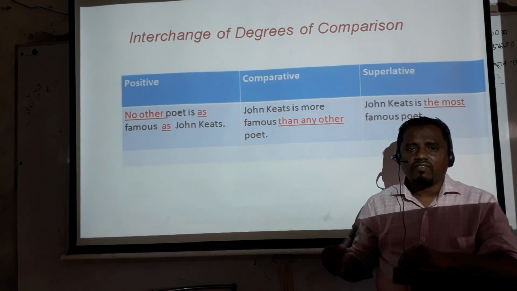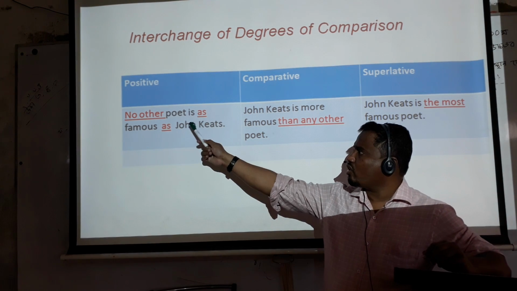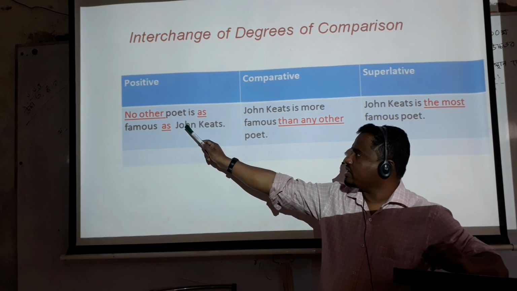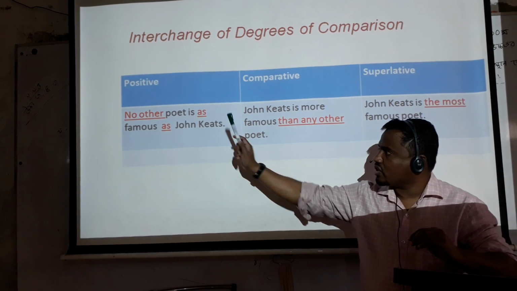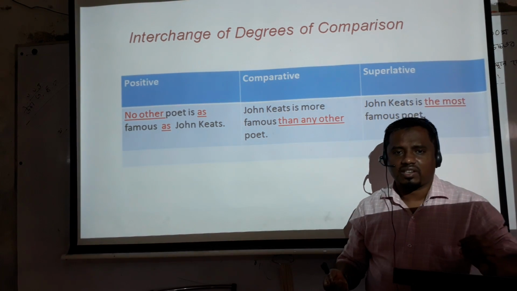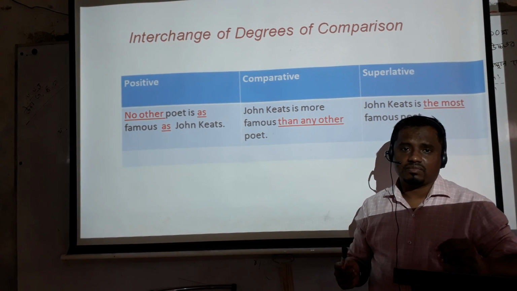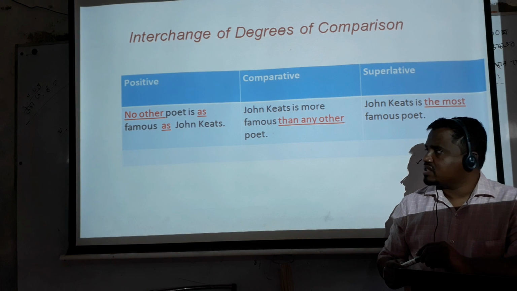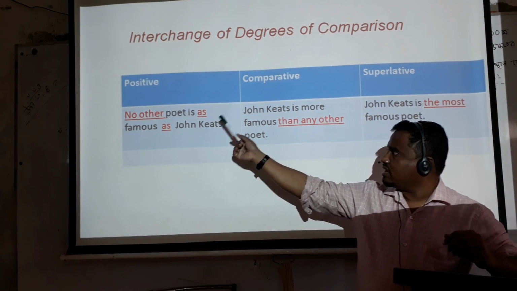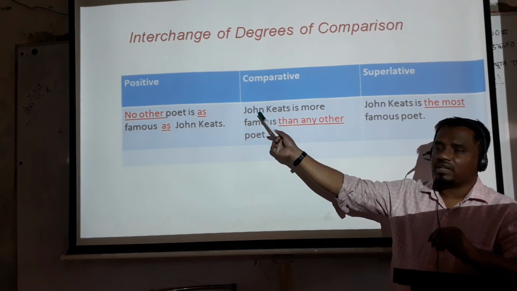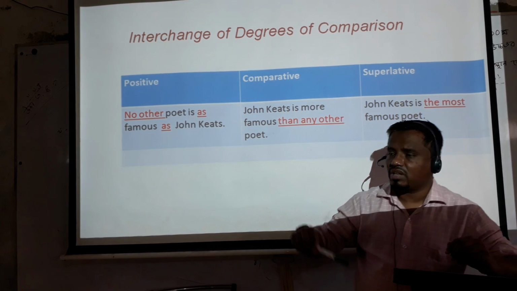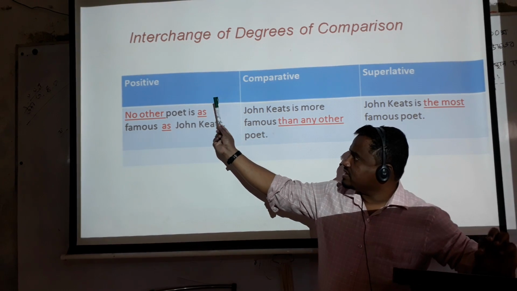Now if the positive sentence begins with "no other", for example, "No other poet is as famous as John Keats", and if you are asked to transform this sentence into comparative, then you have to transform it this way. The second subject will be the subject of the comparative sentence, first, and then you have to use the verb. Here this is present indefinite tense.